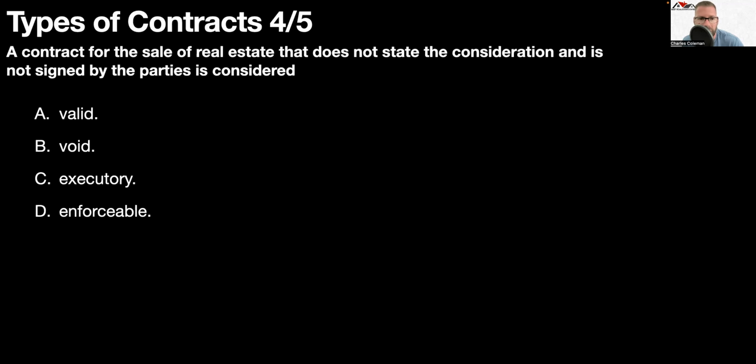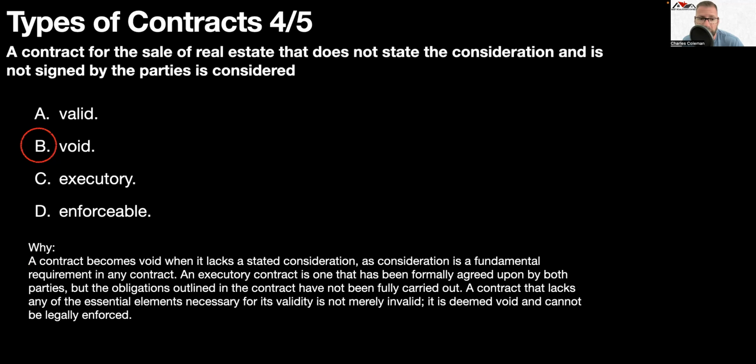Question number 4: a contract for the sale of real estate that does not state the consideration and is not signed by the parties is considered void. A contract becomes void when it lacks a stated consideration, as consideration is a fundamental requirement in any contract.